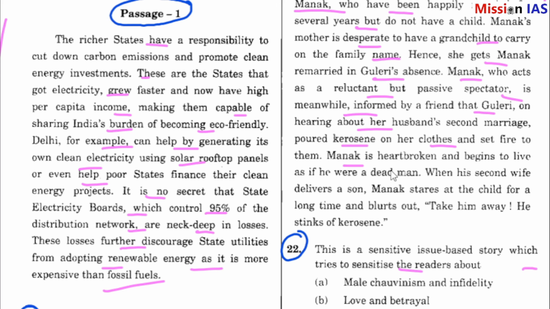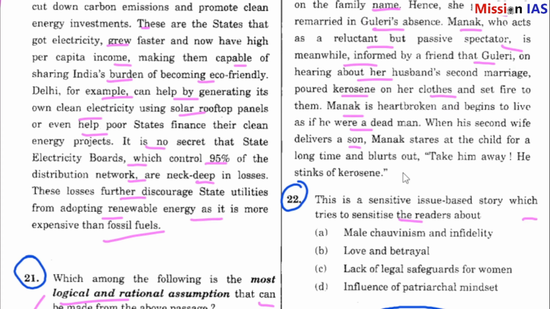Manak is heartbroken and begins to live as if he were a dead man. When his second wife delivers a son, Manak stares at the child for a long time and blurts out, "Take him away, he stinks of kerosene." So this is a very heart touching story.